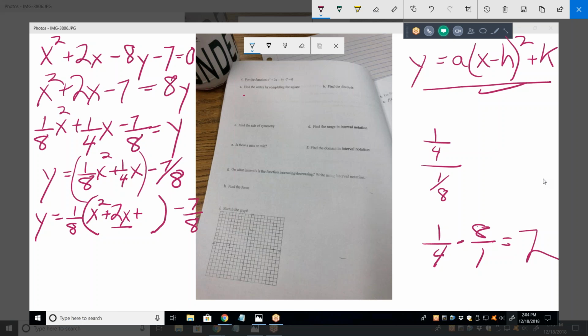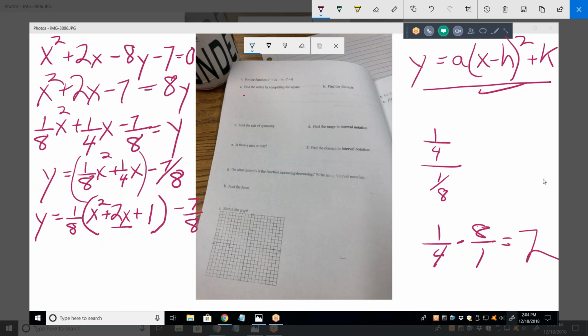Here's the x term. What's the x coefficient? 2. What's half of that? Half of 2. That's what you do, is you take half of that coefficient. What is it? 1. And then square it. 1. Okay, so that's what I'm adding, is 1.